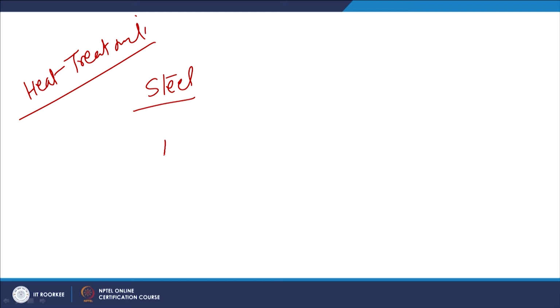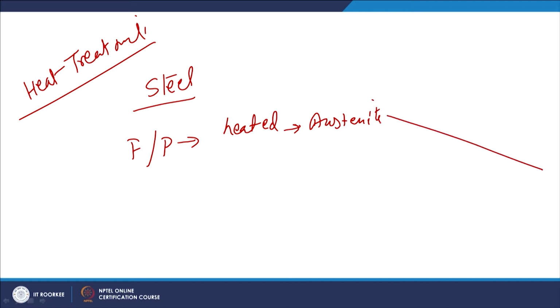We know that heat treatable steels respond to heat treatment very nicely, because whenever a steel like plain carbon steel, having ferrite and pearlite at room temperature, is heated, it forms an unstable phase like austenite, and austenite on cooling at different rates results in the formation of different phases. If this is a low cooling rate, it will result in coarse pearlite and low hardness.